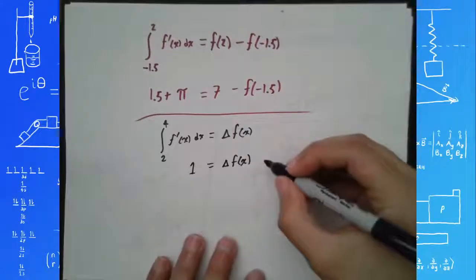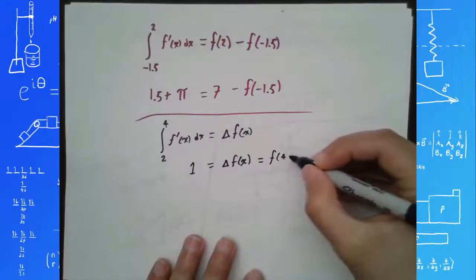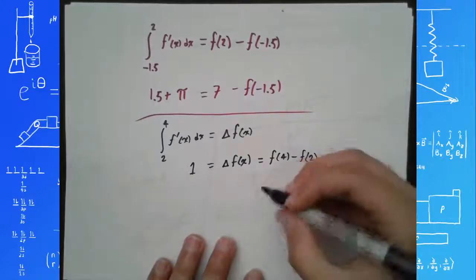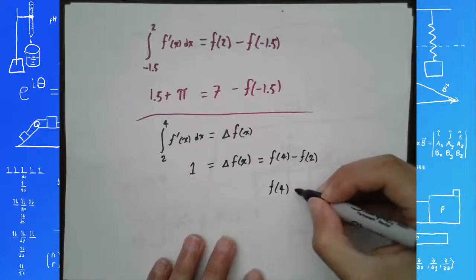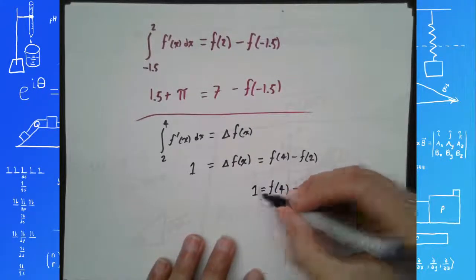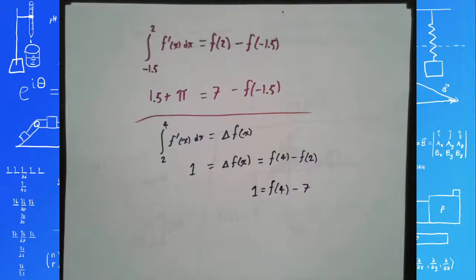So it equals the same thing you would get using the fundamental theorem of calculus, f of 4 minus f of 2. So f of 4 minus f of 2, which we know to be 7, equals 1. Add the 7, f of 4 equals 8. And there we go. So the two ideas are not too different from one another, really.